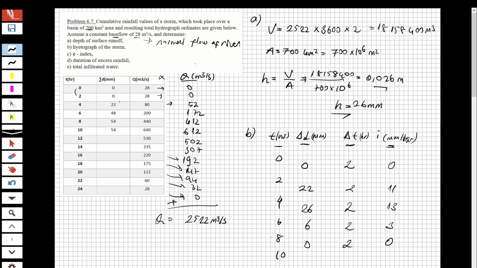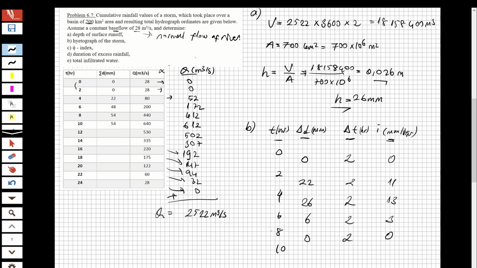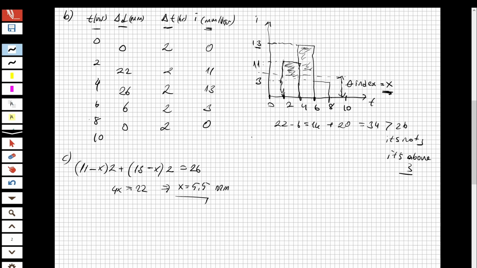Let's determine the fourth part, the duration of excess rainfall. This is the duration of the excess rainfall, the water that goes to surface runoff, the water except infiltration. Look at here, this is 2 hours, and this is 2 hours. So in total 2 plus 2 equals 4 hours.